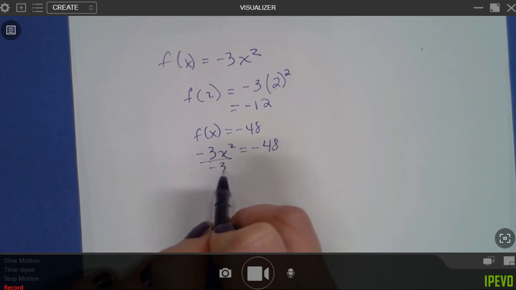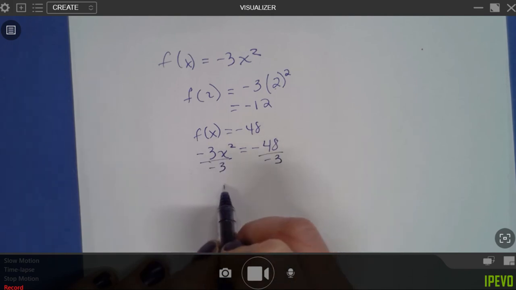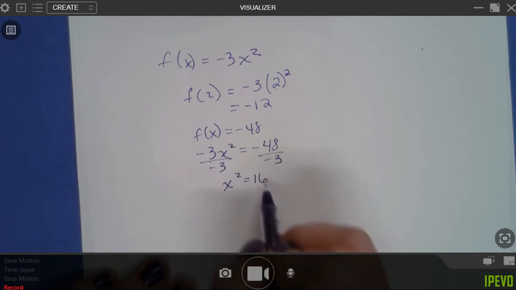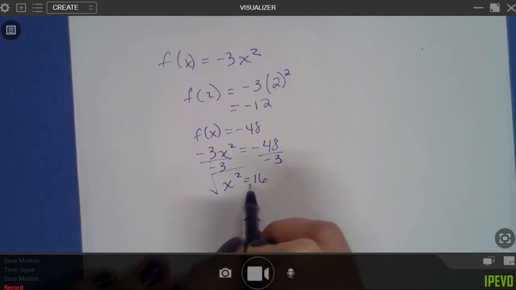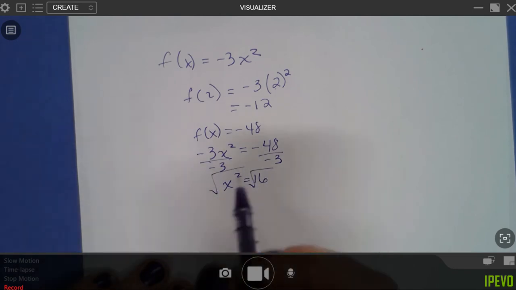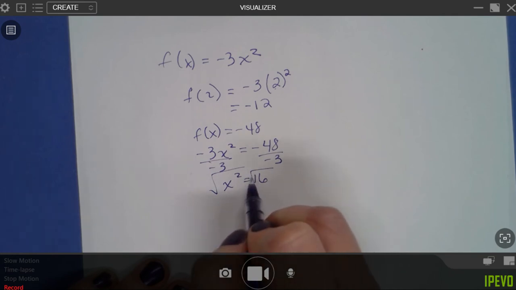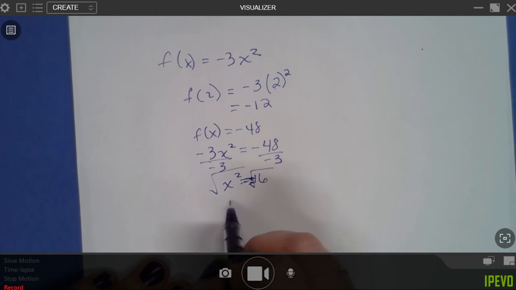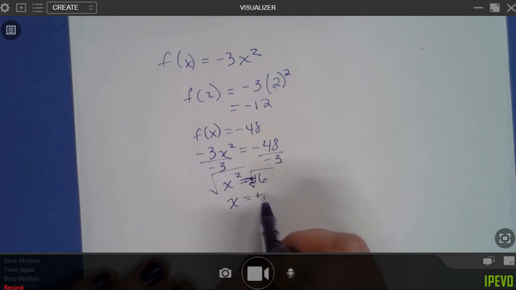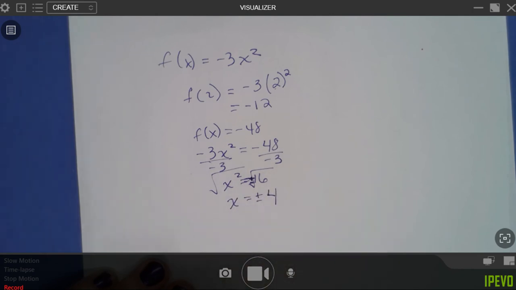Divide by negative 3, divide by negative 3. x squared equals 16. We square root both sides. Remember, you're the one putting the square root in, so you must add a plus or minus. You don't know if it was a positive or negative 4, so x equals plus or minus 4.